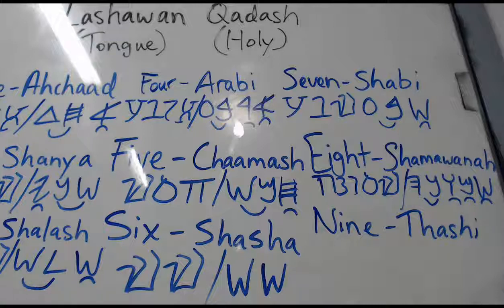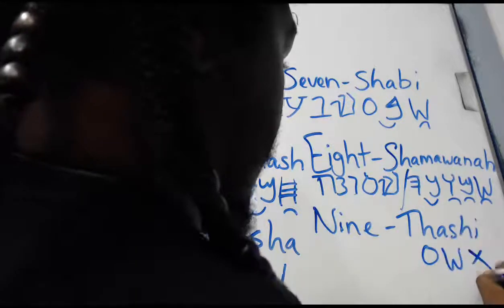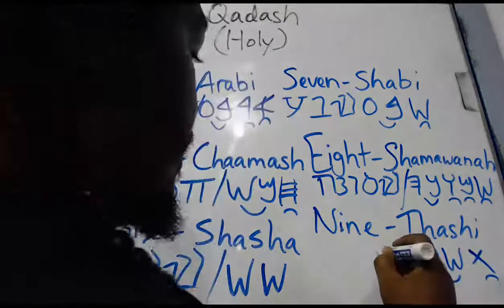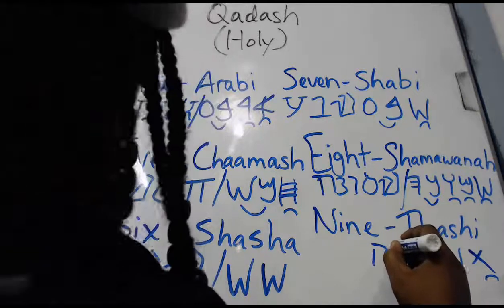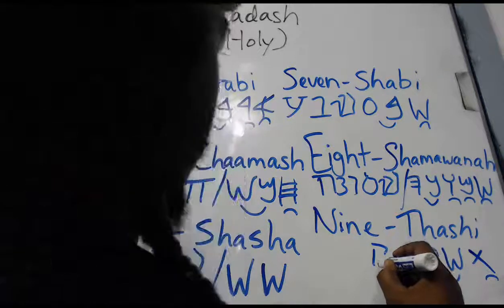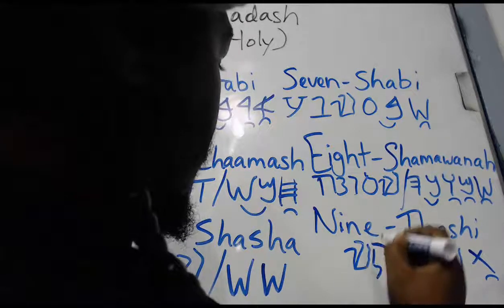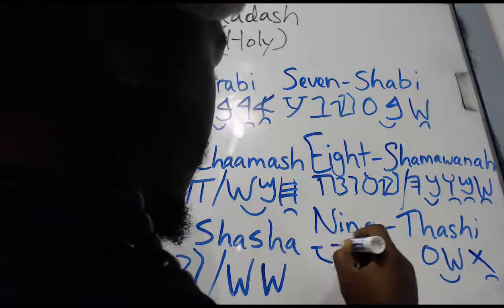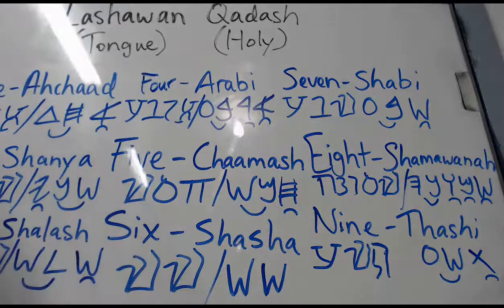All right. 9 is Thashai. All right, this is 1 through 9.